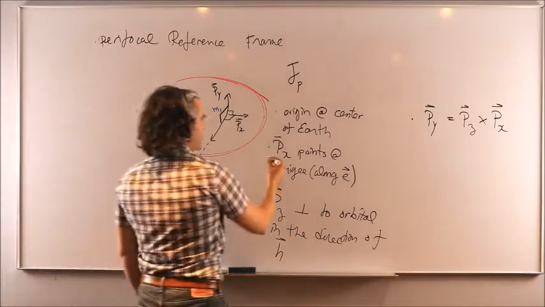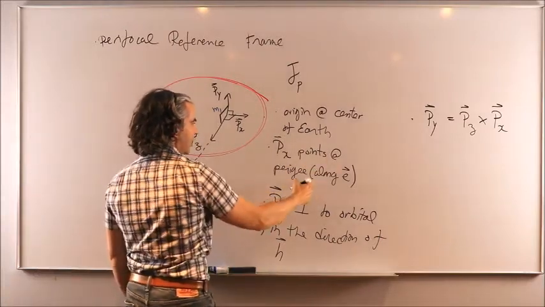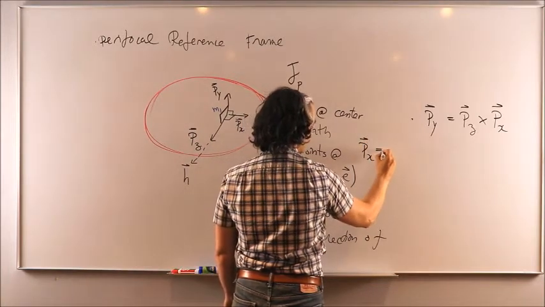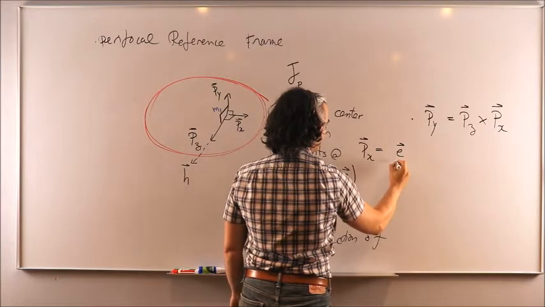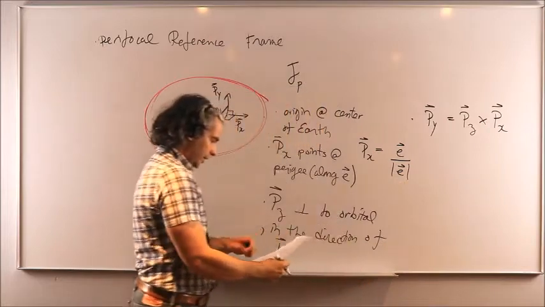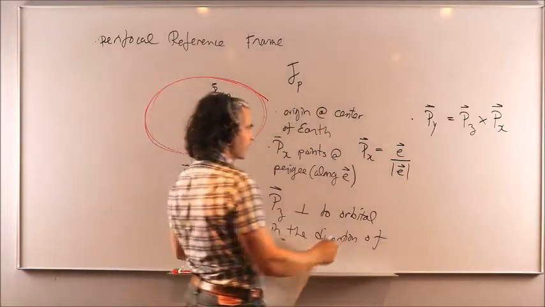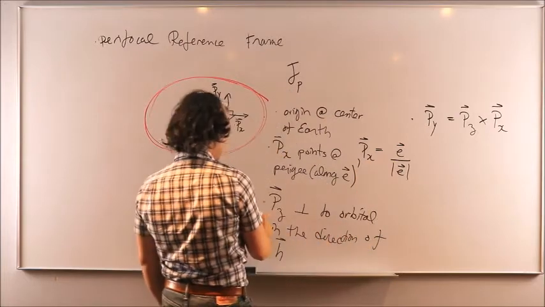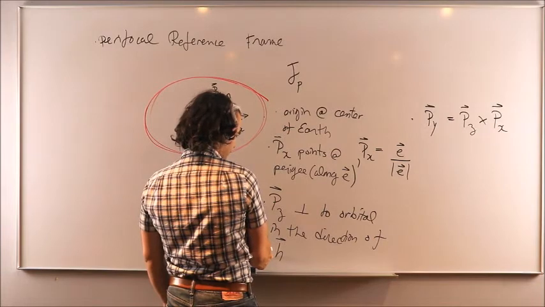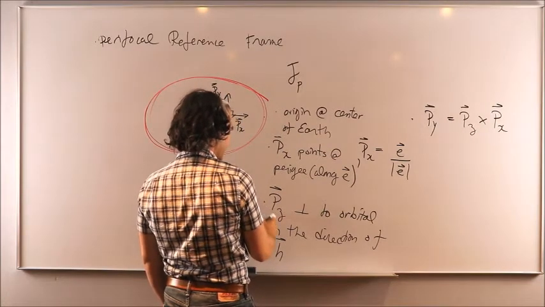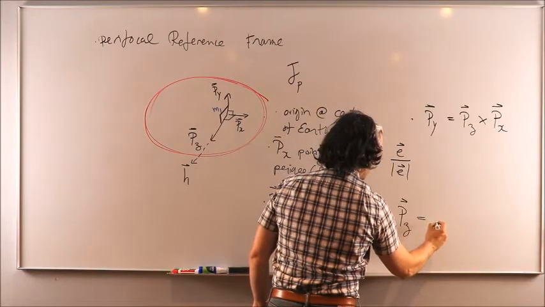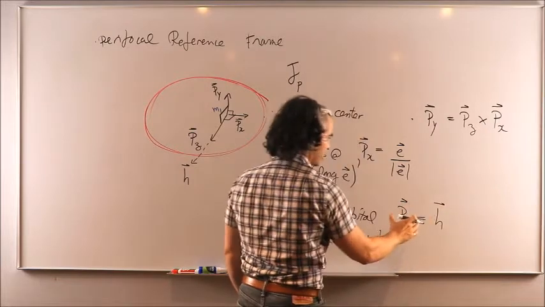You could also write, because Px is in the direction of the eccentricity vector, and because Px is a unit vector, that the Px vector is the eccentricity vector over its norm to make it a unit vector. And because Pz is in the same direction as the H vector, yet Pz is a unit vector, you can write Pz equal to H over its norm: same direction, yet different magnitude.